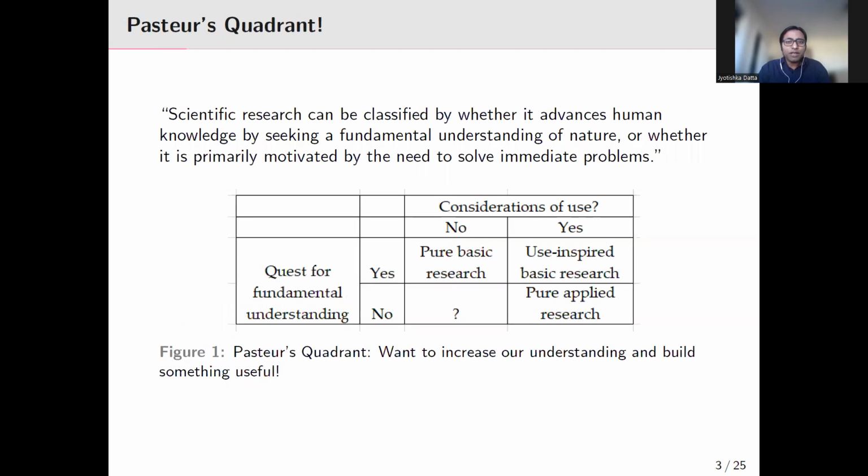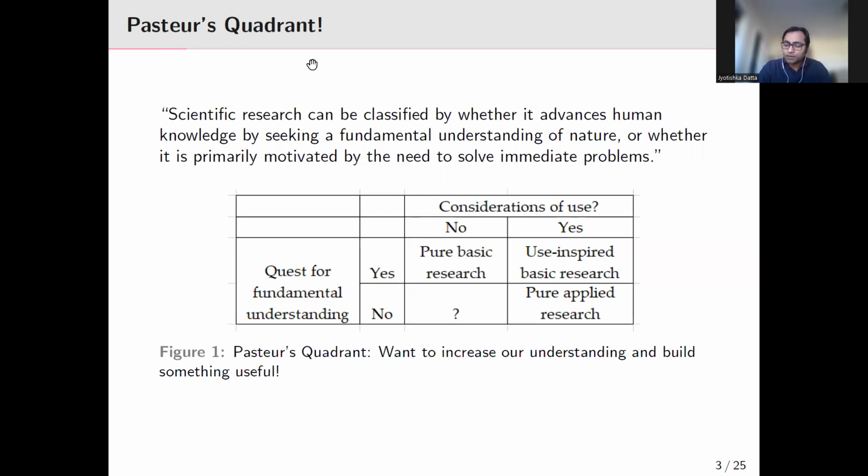Okay, so before I begin, I just wanted to pause for a second and show you this Pasteur's quadrant. What it basically does is divide the entire body of scientific research into four quadrants, divided by whether it advances human knowledge by seeking a fundamental understanding of nature, or whether it's trying to solve an immediate problem.